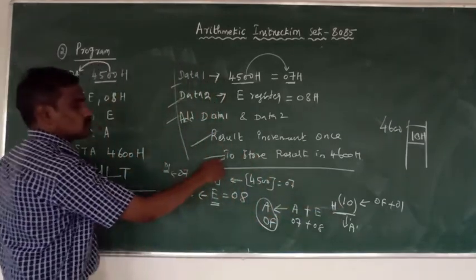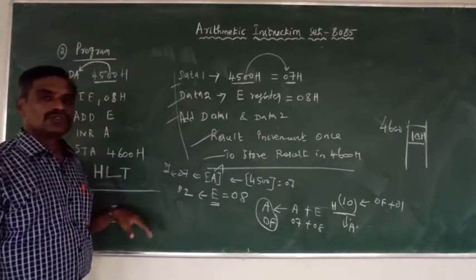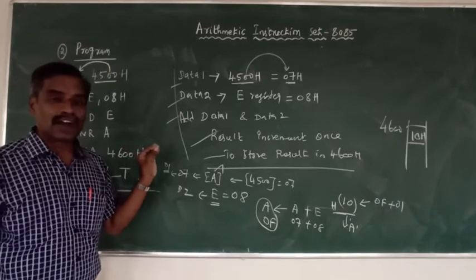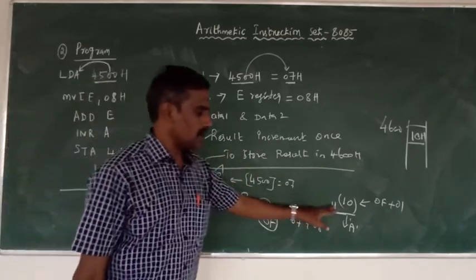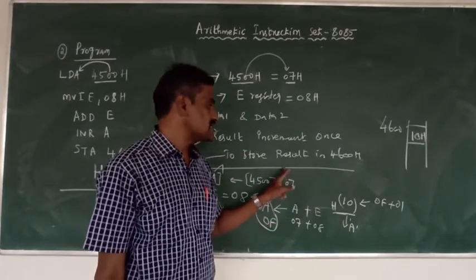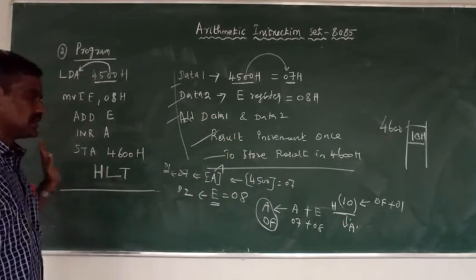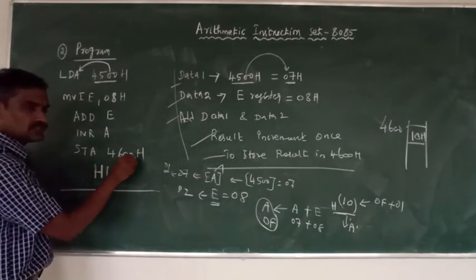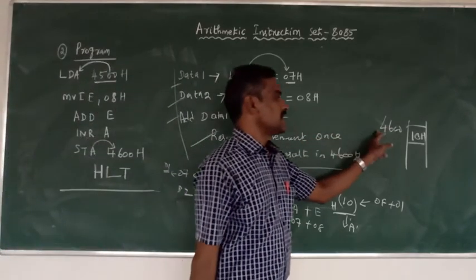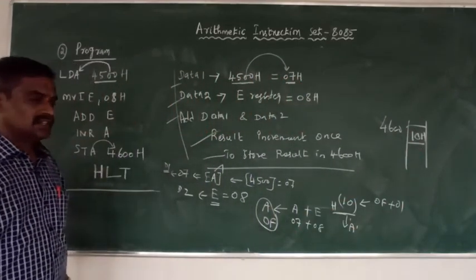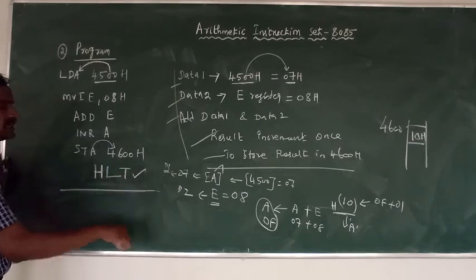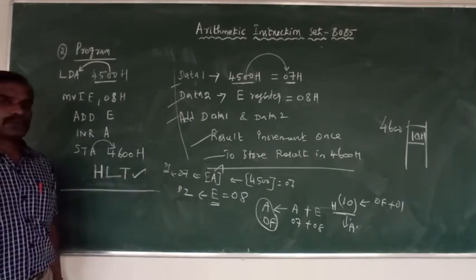Next, to store the result in 4600, the result should be available in the accumulator, and here it already is. The accumulator is 8 bit, so we store the 8 bit result at 4600 address. For that we can use STA 4600H, which stores the accumulator result at the given address. At 4600 it will store 10H. And at the end of the program we use HLT. Okay, that's all.